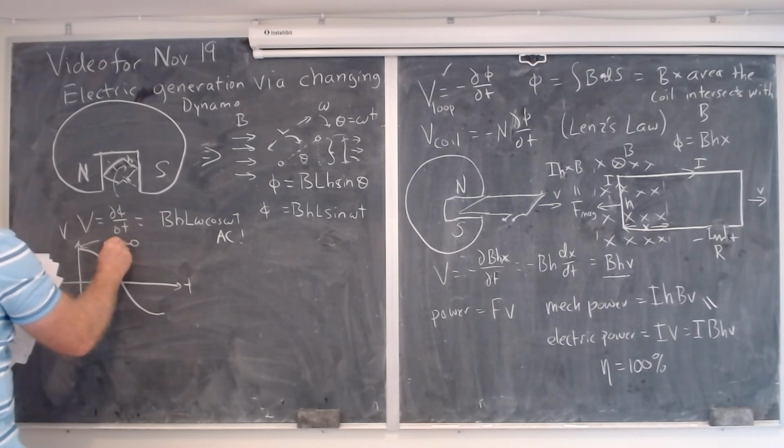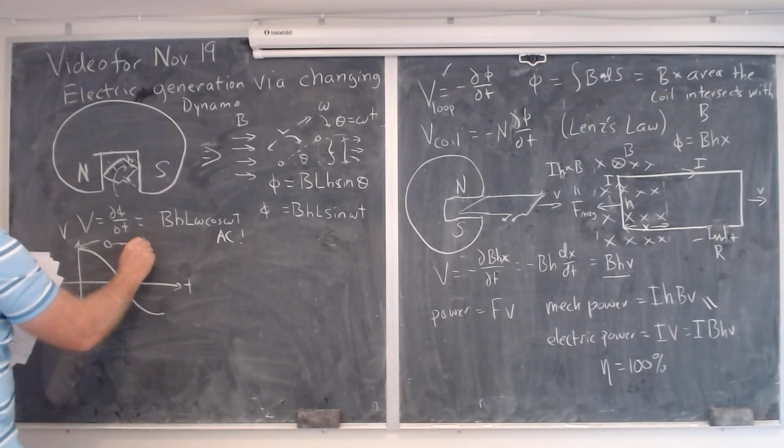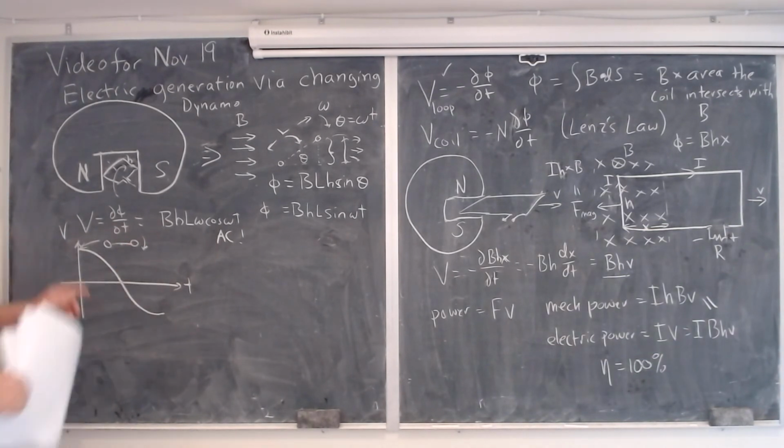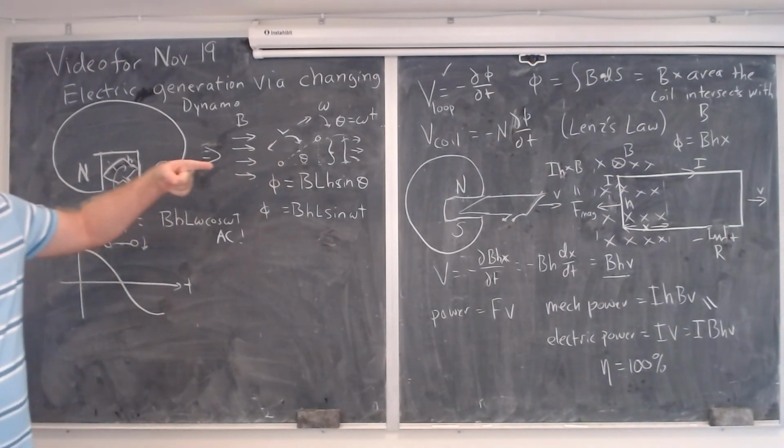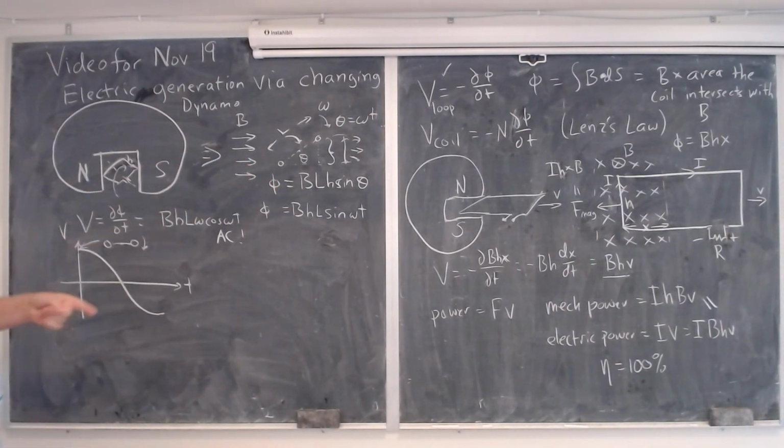So at the maximum voltage, the coil is on its side, and the flux is actually at a minimum, because when the flux goes through a minimum, the rate of change of flux is actually at a maximum.